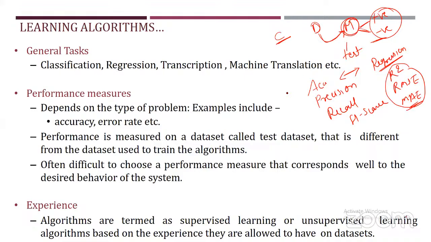Only then can we go for deployment and use it for future prediction. That's why performance measures are really required in order to quantify how well your model is working. Majorly, accuracy is taken. Accuracy quantifies, out of the total number of instances, how many predictions are correct. That is how accuracy is defined.